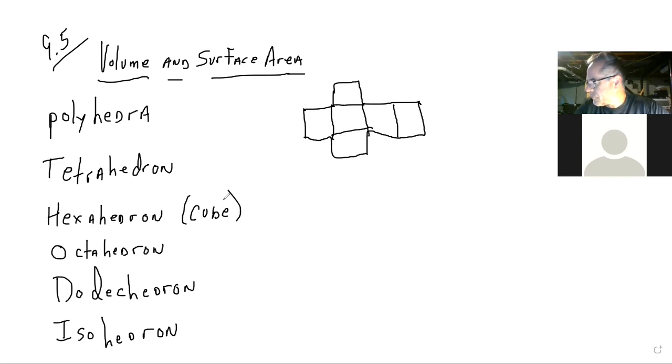I'm going to attempt to draw one other one a little bit more complicated, and we'll see how it goes. This is maybe a little easier to draw, but all equilateral triangles. And so that would be folded up into a tetrahedron.